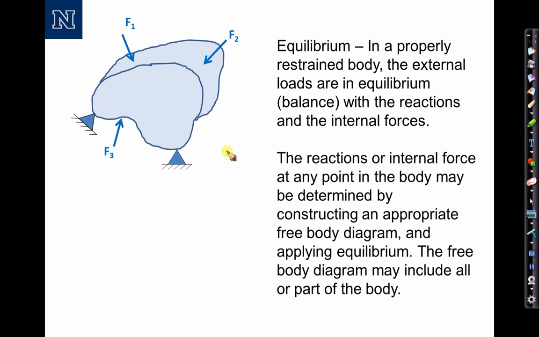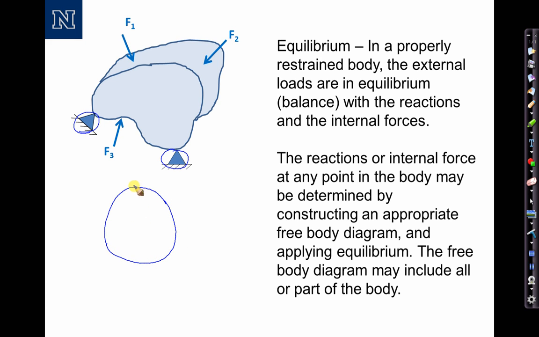examples here. So I've drawn just a general 3D body here with some loads and some supports. If I wanted to solve for the reactions at those supports, I would draw a free body diagram of this whole system.